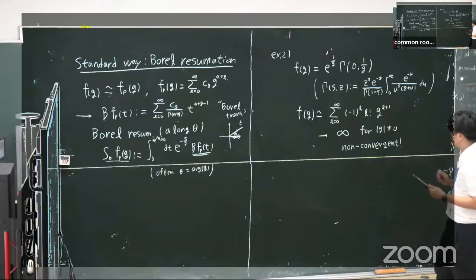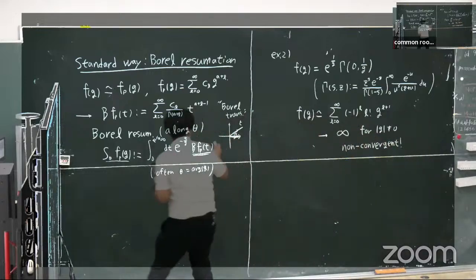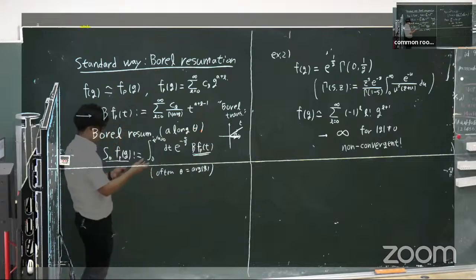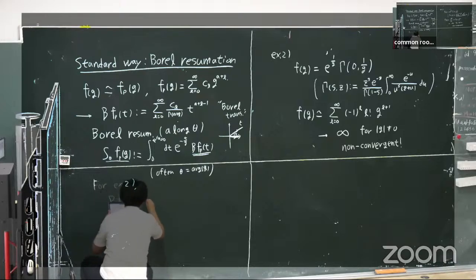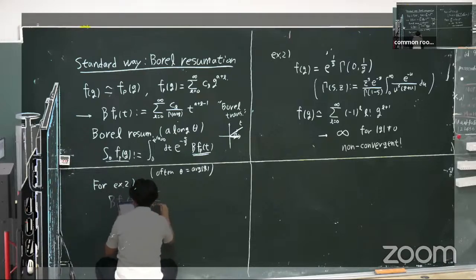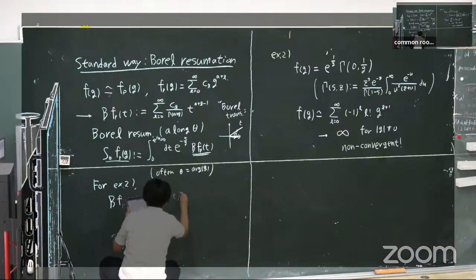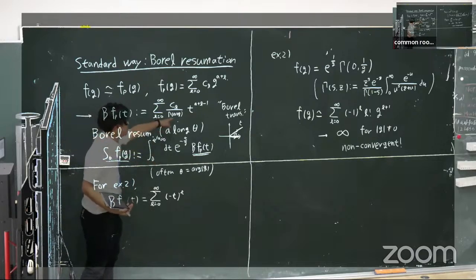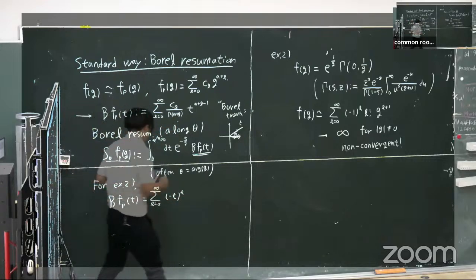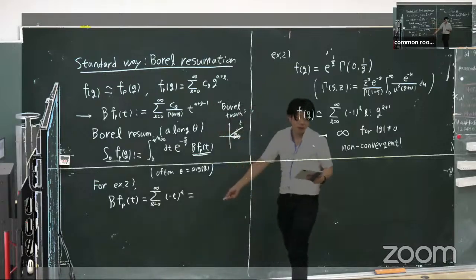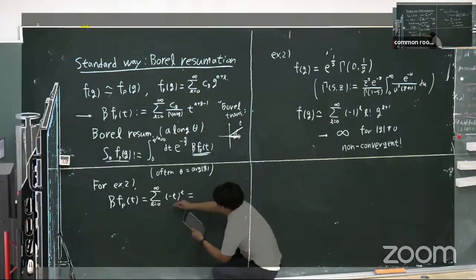Okay. So now let us apply this method to this series. The Borel transformation is given by this, because there's a simple cancellation of the factorial by the gamma function here. And so we can perform this sum.